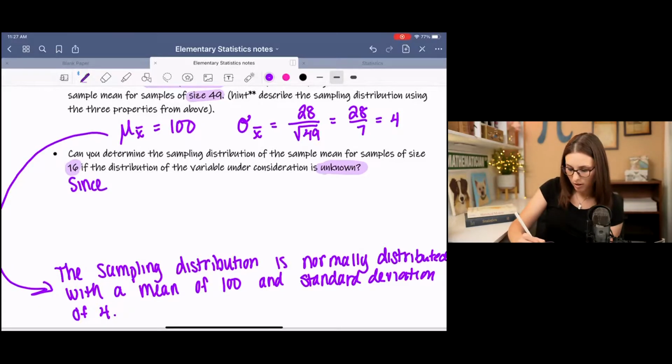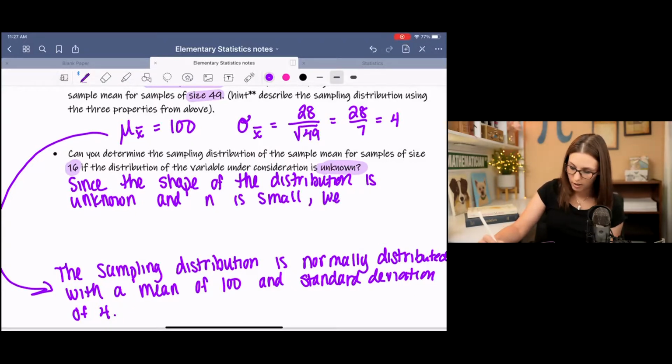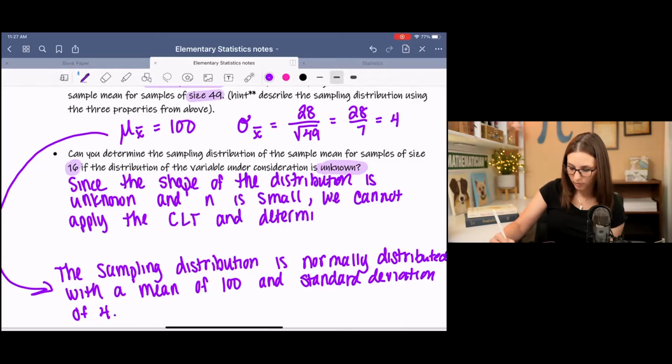Since the shape of the distribution is unknown and n is small, we cannot apply the central limit theorem and determine anything about the sampling distribution.